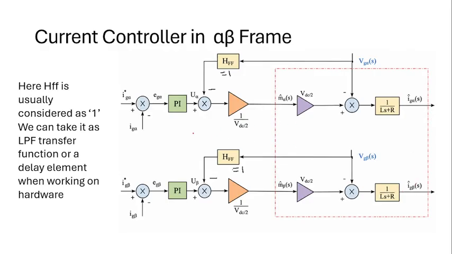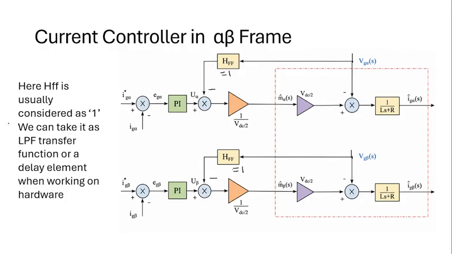This is obtained by comparing the instantaneous grid alpha with the reference value, and the instantaneous grid beta with the reference value, and the error is processed with the PI controller, and it produces some control value U alpha, and this is compared with grid VG alpha through some feedback network. So this feedback component HFF is usually 1 in this video.